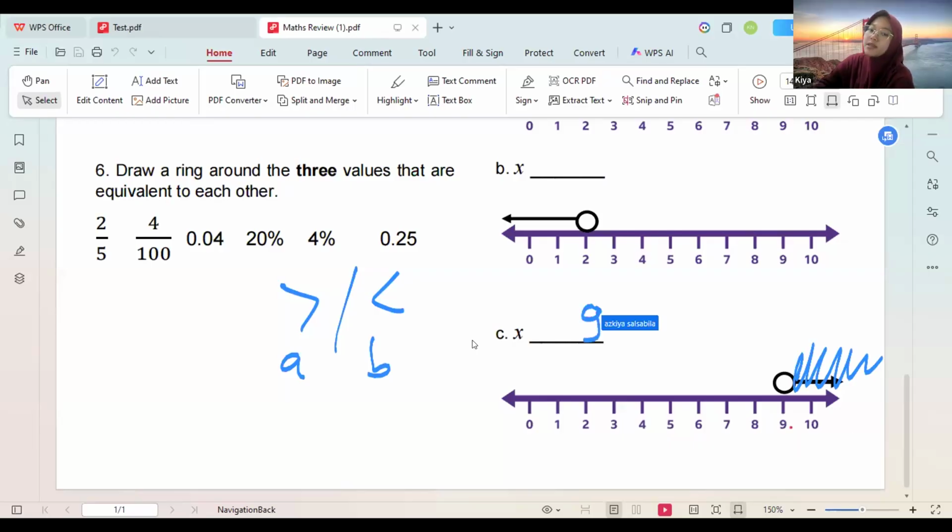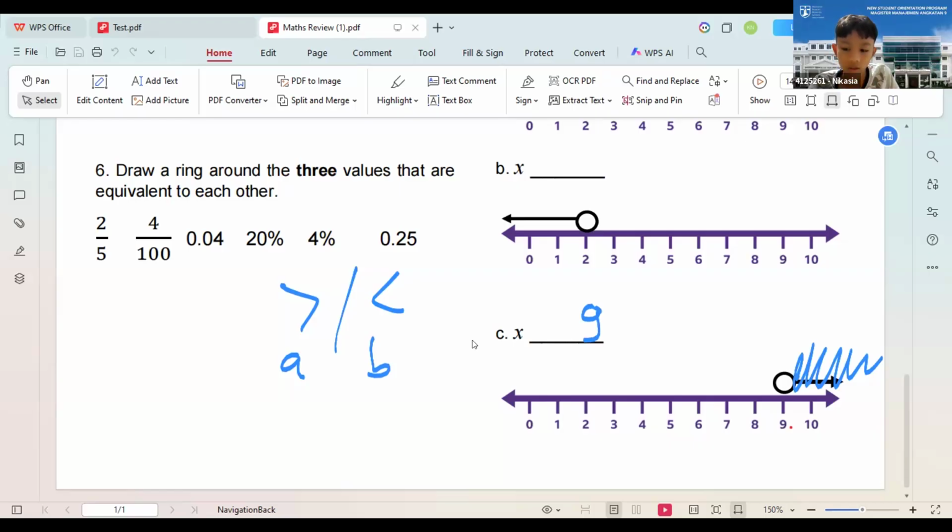After that, we need to find the inequality sign. First, look at the number after the circle. What is the number after the circle? 10.